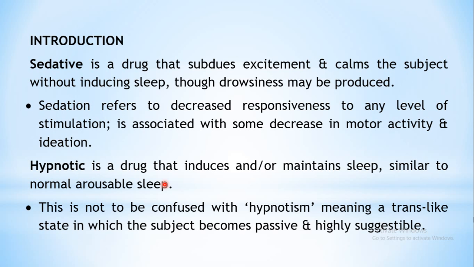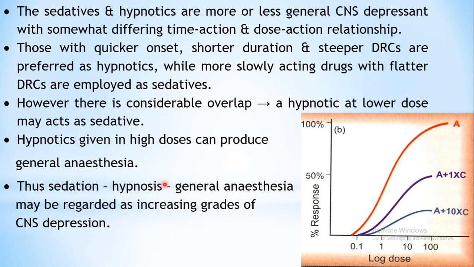Now as discussed earlier, both these drugs have the same properties. Both of these classes of drugs are more or less general CNS depressants. The only difference is in the time-action relationship or dose-action relationship.